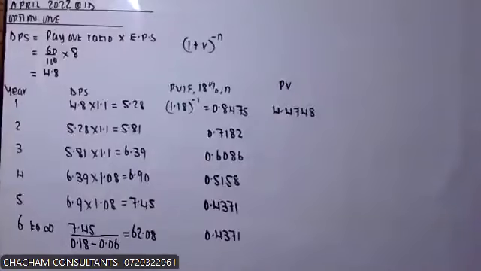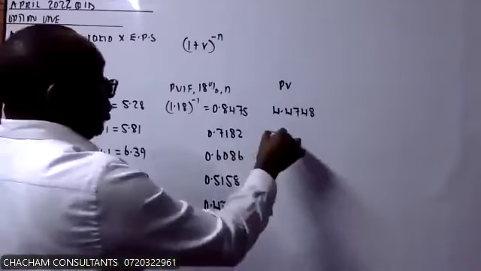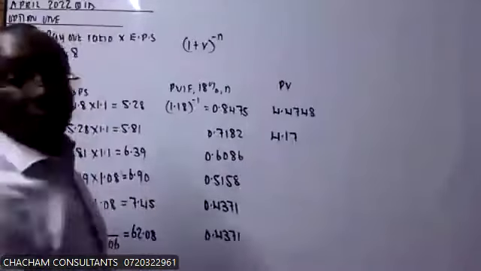Next. Now which is which? 4.1713. Four point 1727.